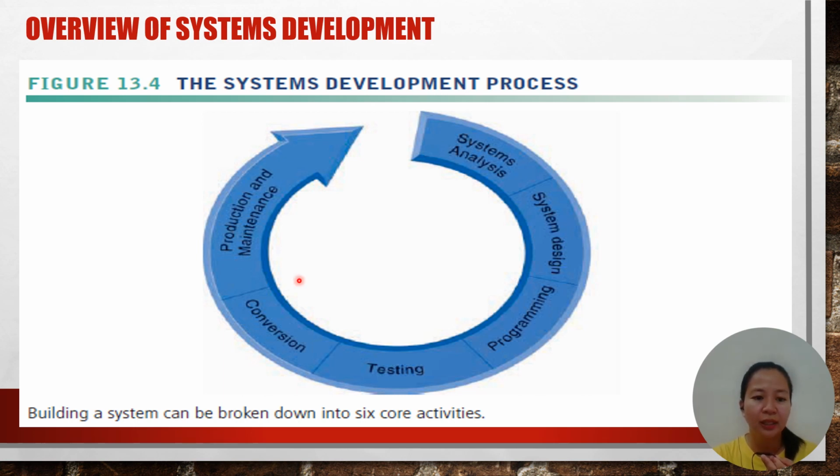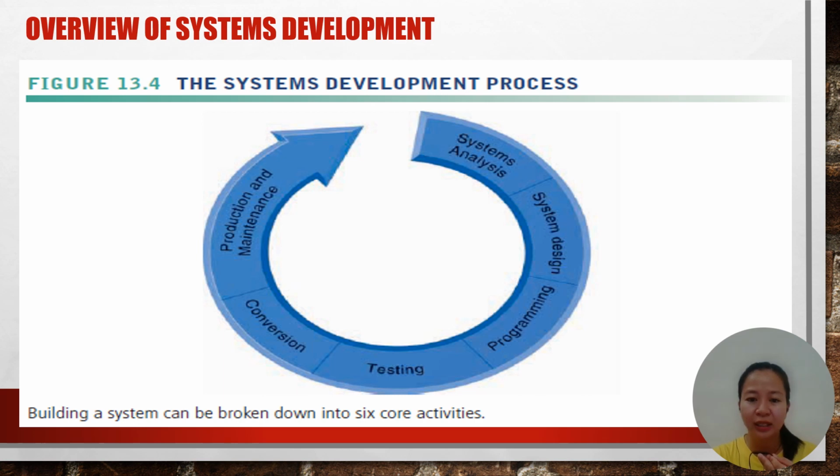Ikot lang siya. Building a system can be broken down into these 6 core activities. The activities that go into producing an information system solution to an organizational problem or opportunity are called systems development. Systems development is a structured kind of problem solving with distinct activities.